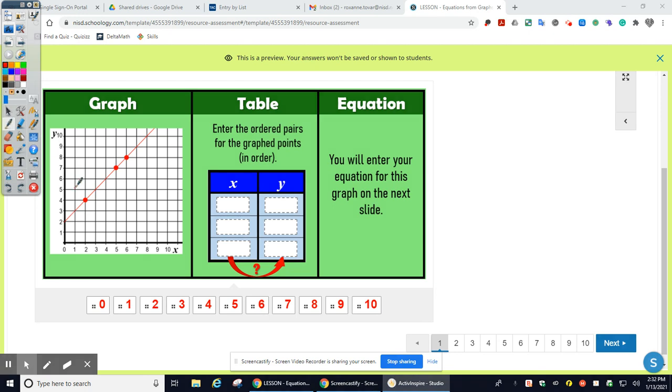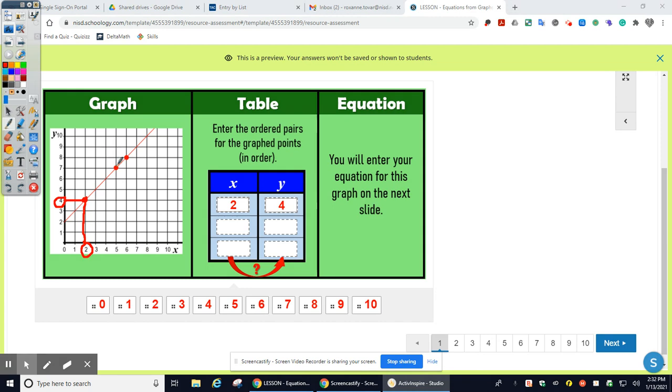Okay, so let's look at this first dot here. I'm going to go to my first dot, and I'm going to see that on my first ordered pair, x is 2 when y is 4. So in my first part of my table here, I'm going to put in 2 for my x and 4 for my y.